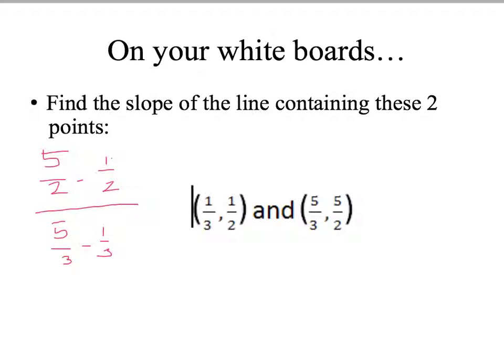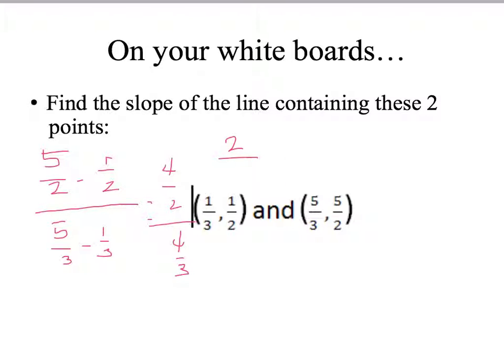With 5/2 minus 1/2, I have a common denominator, so I can subtract those numbers. That's 4 over 2. On the bottom, that would be 4 over 3. Now I can simplify the top: 4 divided by 2 is 2. But on the bottom fraction, I can't simplify 4/3 any.